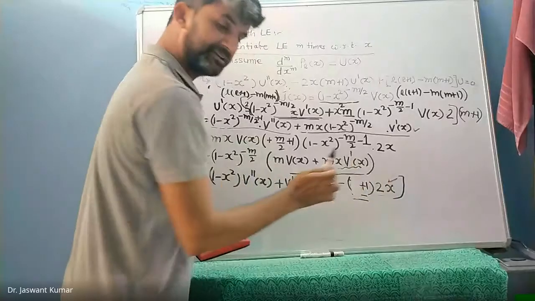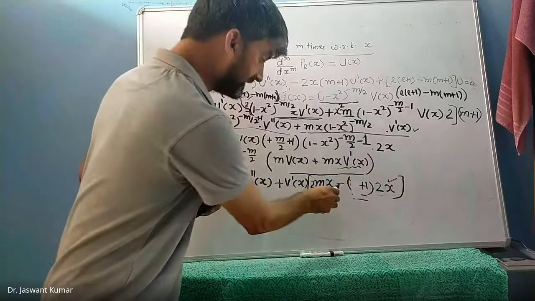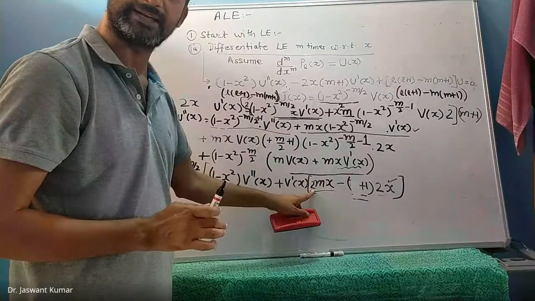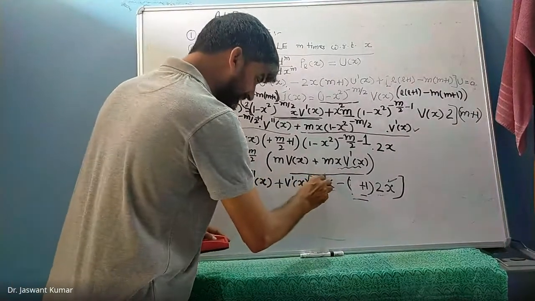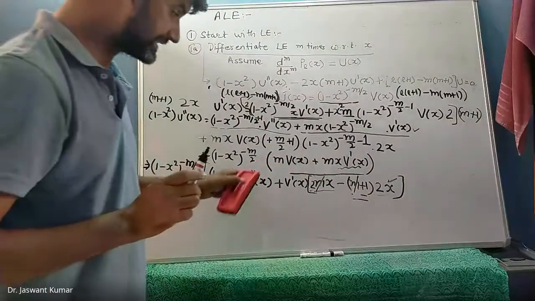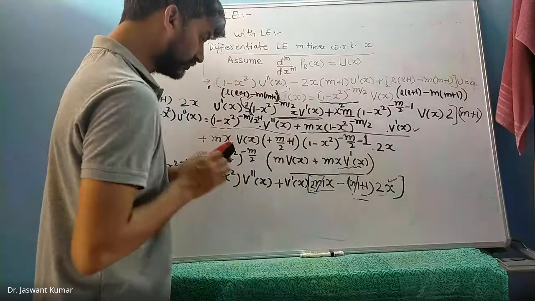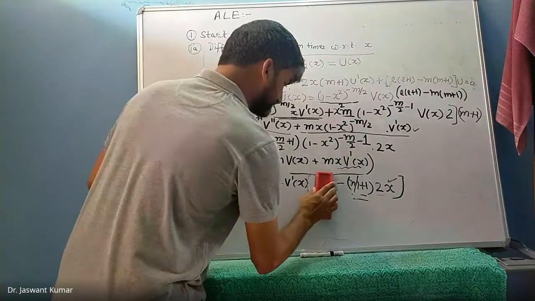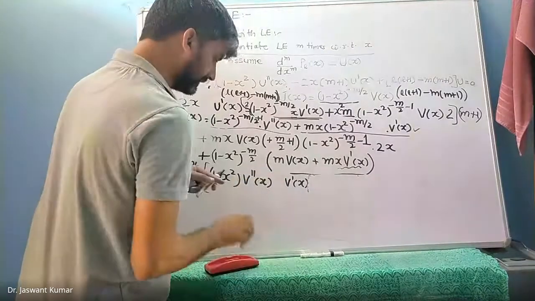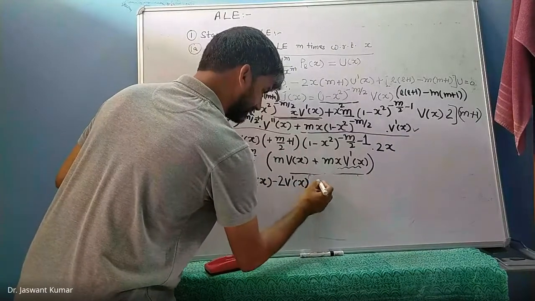That m combines with this 2x to give you minus 2mx, and there was a plus 2mx over here. So this 2mx cancels the m over here. So what is remaining inside the bracket is minus 1 into 2x. So minus 2x. So हम क्या करते हैं? We remove this big bracket and we remove this plus sign and we write minus 2v dash x times x.